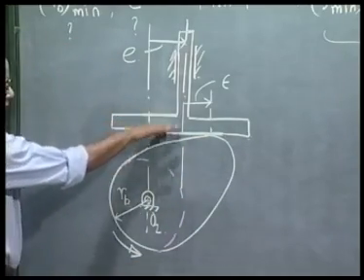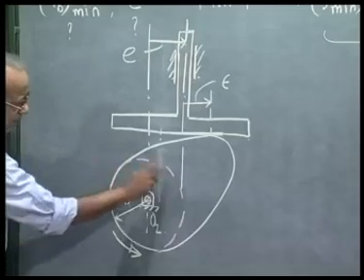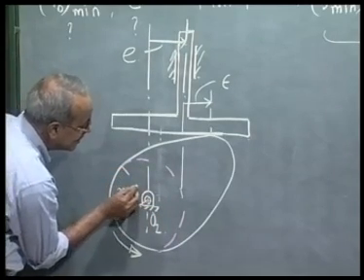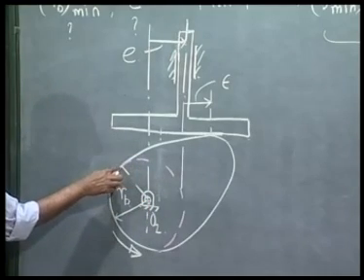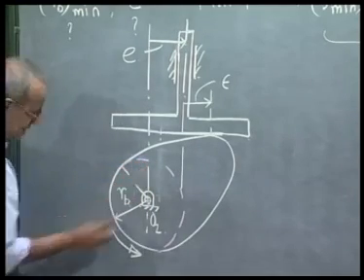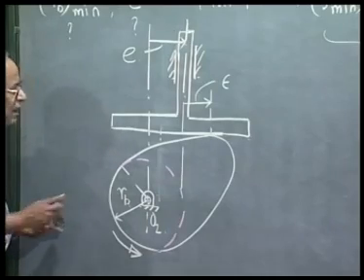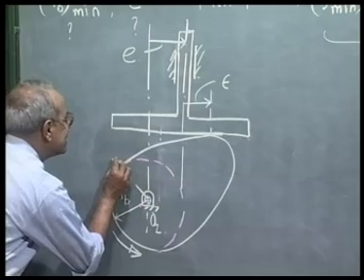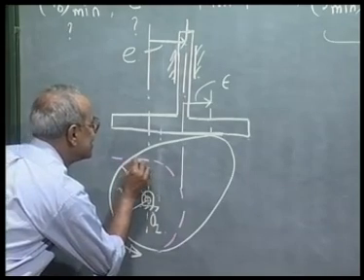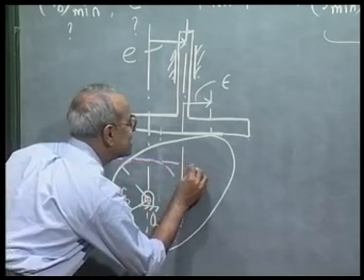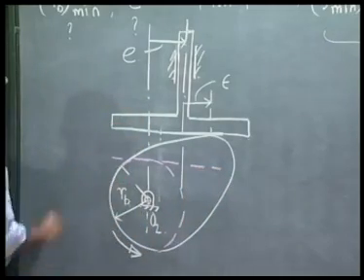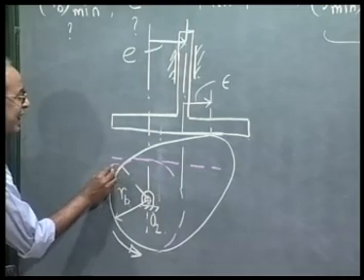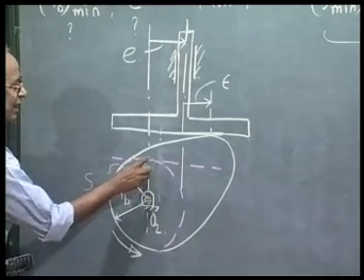What is the lowest position of the follower? When the follower is in contact with the base circle. As we see, this is where the cam profile is touching the base circle. If I draw a horizontal tangent to the base circle, this is the lowest position of the follower, when this point S was vertical.